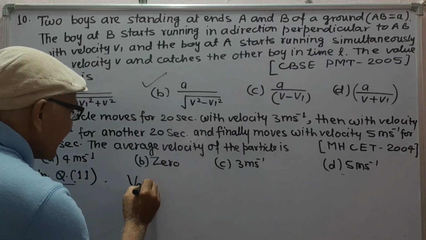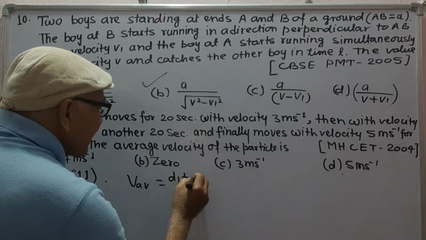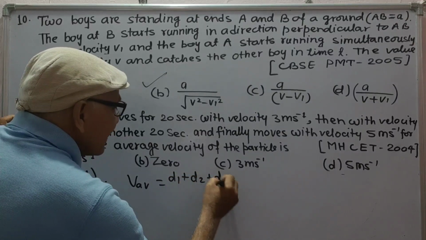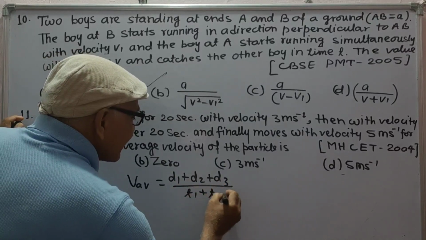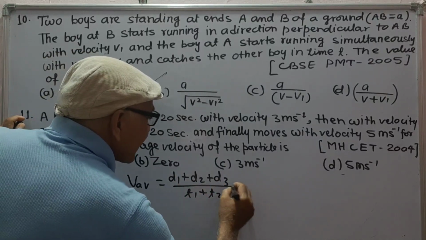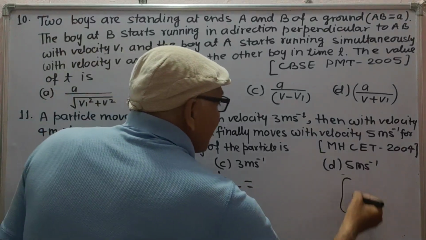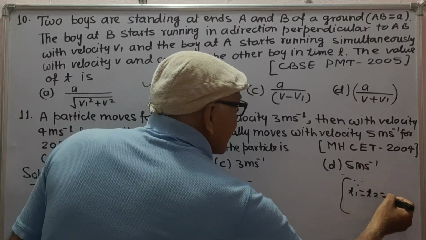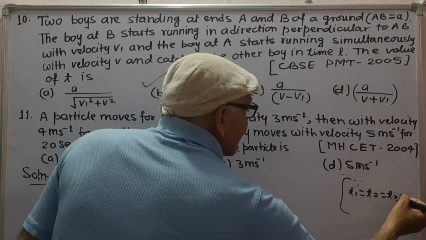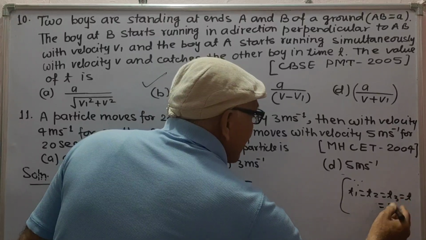V average will be equal to d1 plus d2 plus d3 upon t1 plus t2 plus t3. d1 can be written as, because t1 is equal to t2 is equal to t3 is equal to t, suppose is equal to 20 seconds.